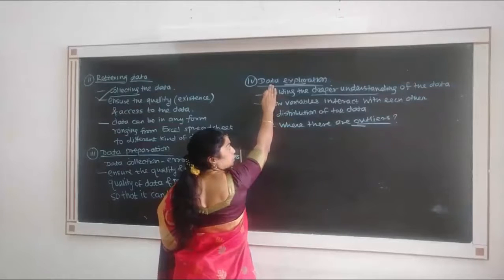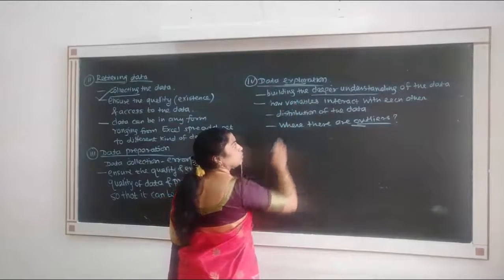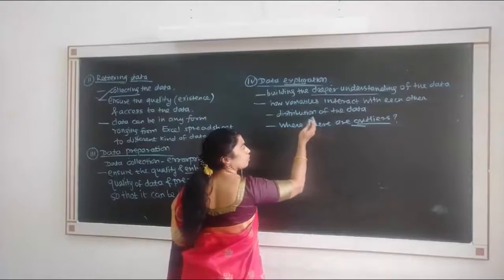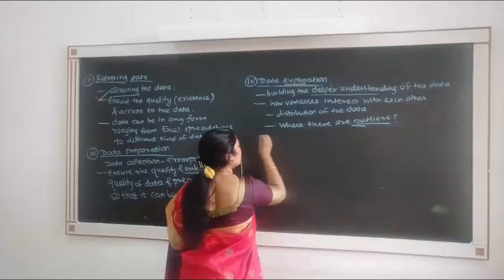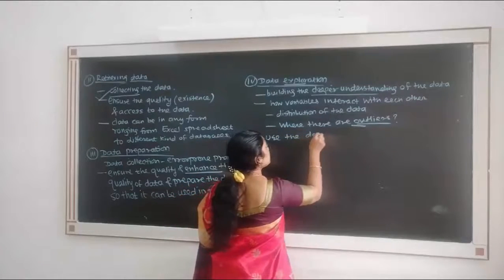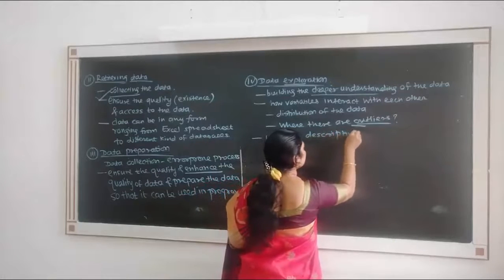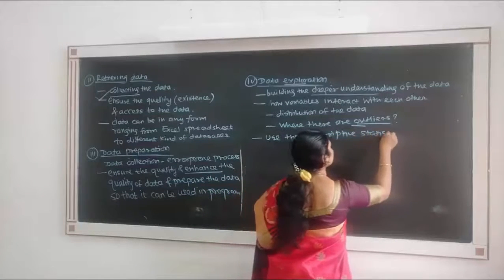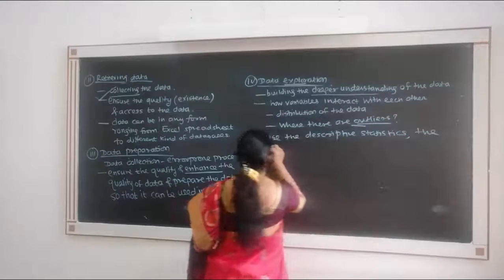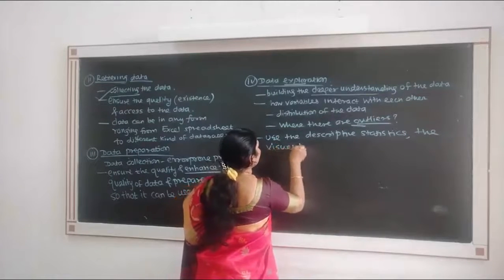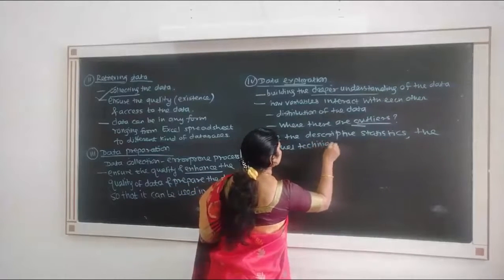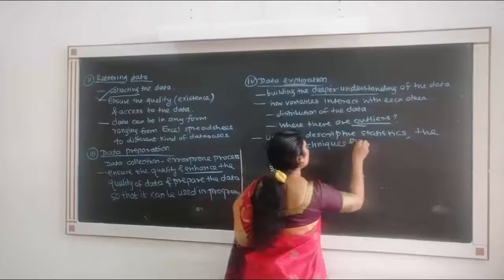So in data exploration, you want to build a deeper understanding of the data, and for searching for outliers and all this, we are going to use descriptive statistics, the visual techniques, and simple modeling.